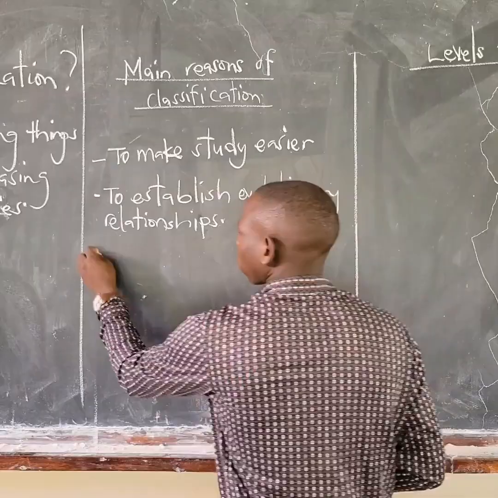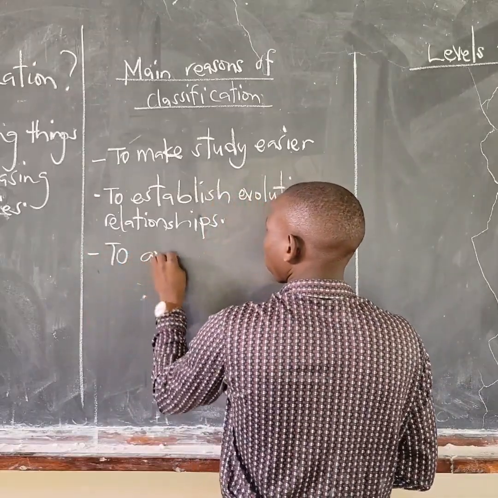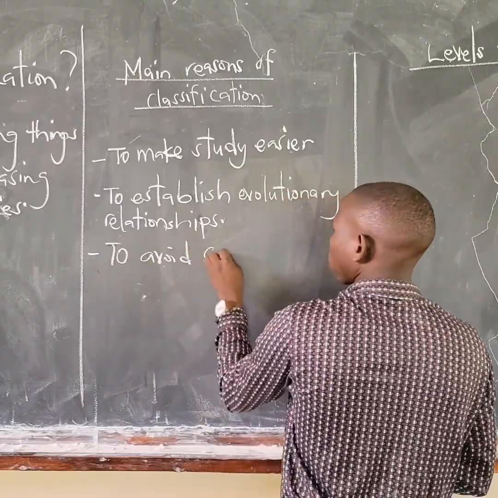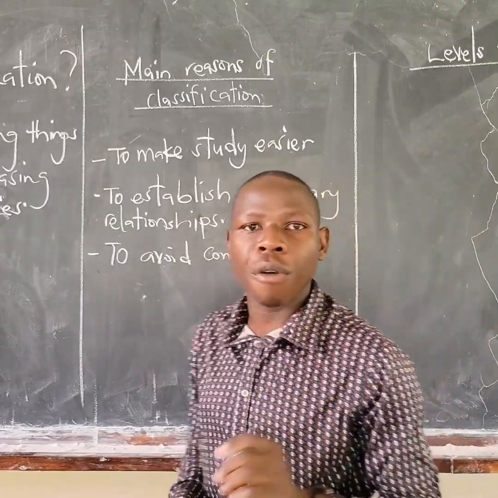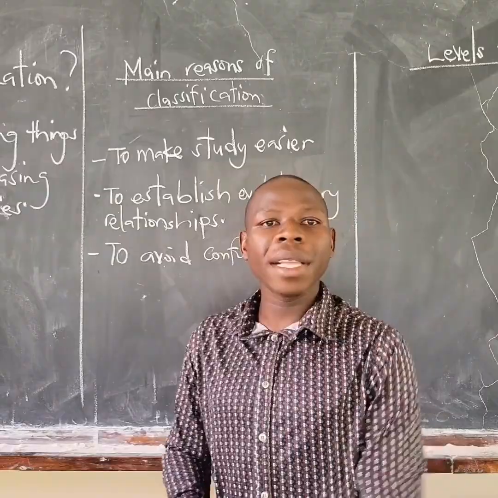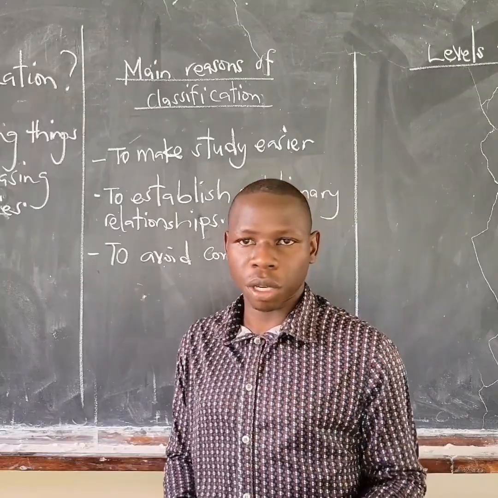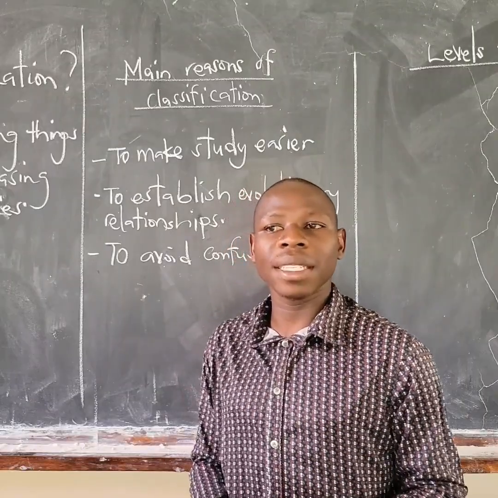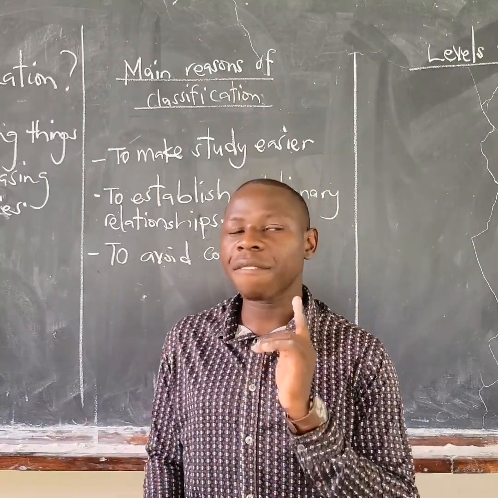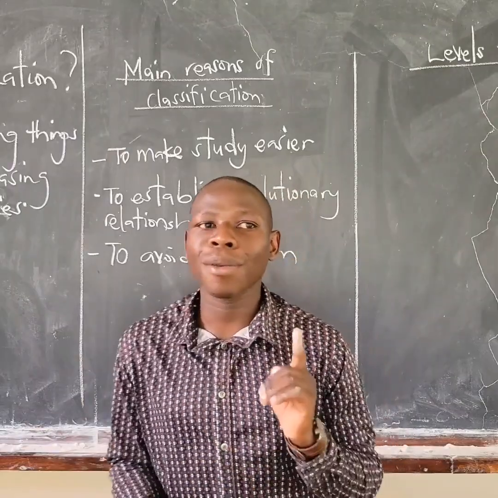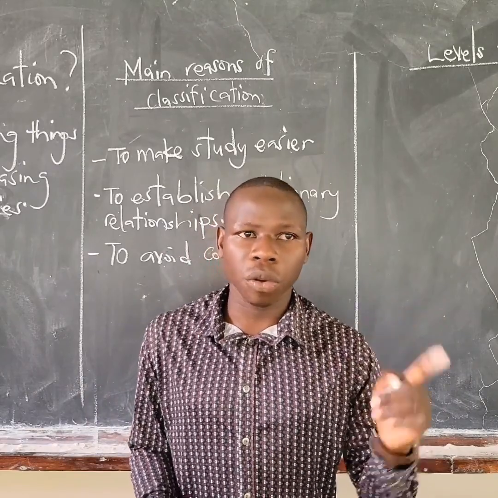Another one is to avoid confusion. When we arrange living organisms in groups, we avoid confusion. You'll find that some living organisms resemble each other, some of them look similar. Just imagine a fox and a dog. Someone can find a fox in the bush and say, this is a dog.